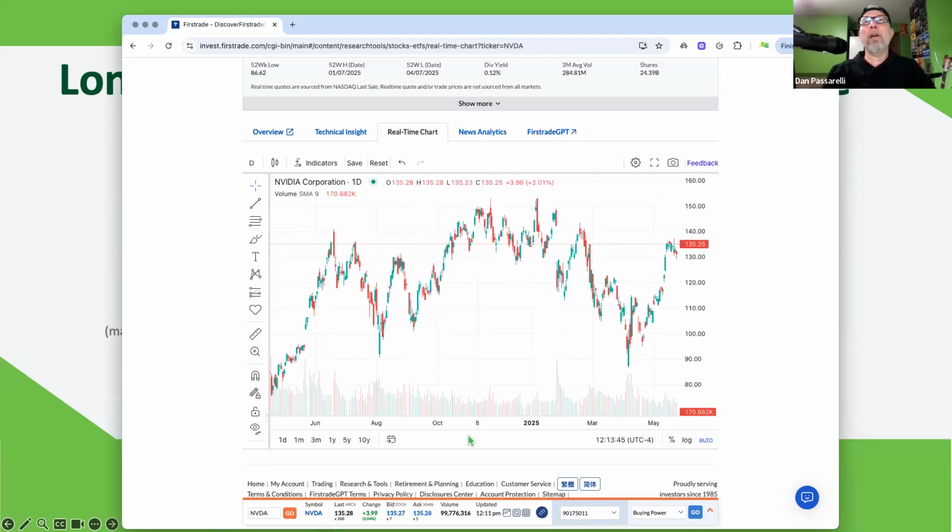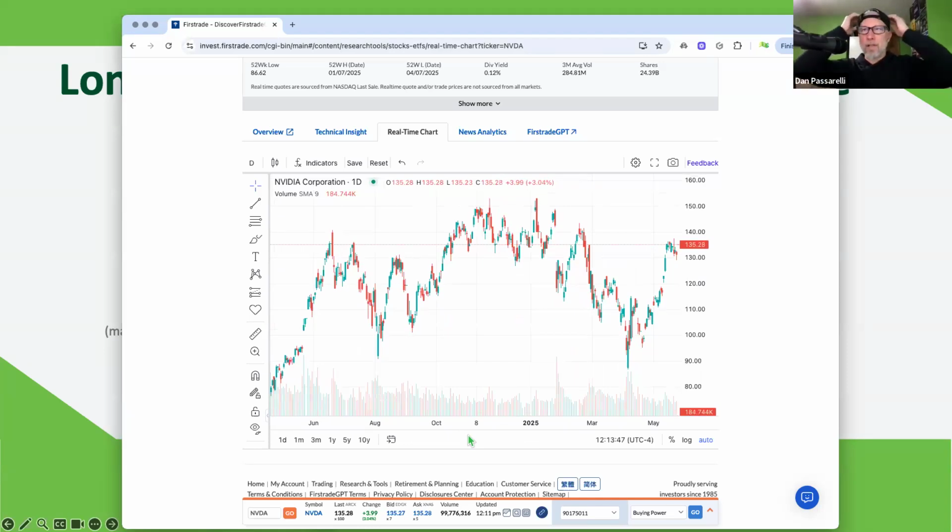Over a 1 year period, this is what this puppy looked like. It went from 80 to 140, down to almost 90, to 130, to 150, back below 90, up to 135. This puppy's been all over the place in the last year.